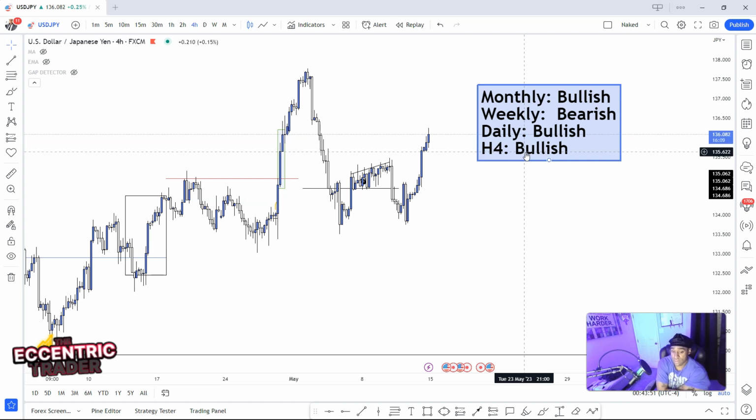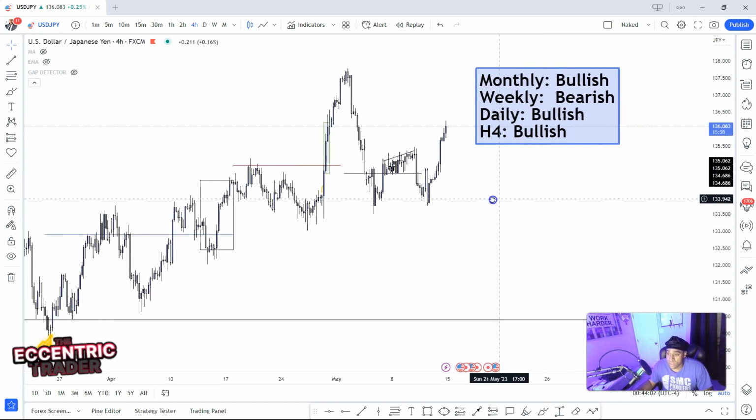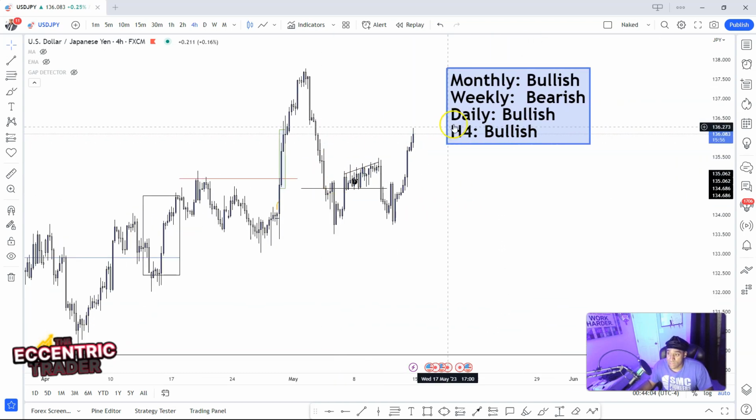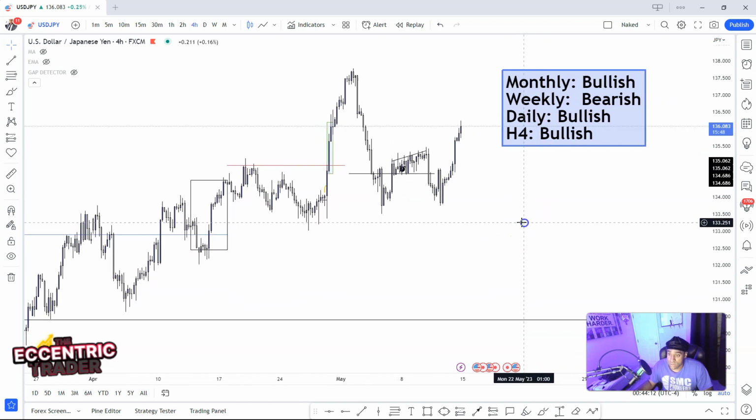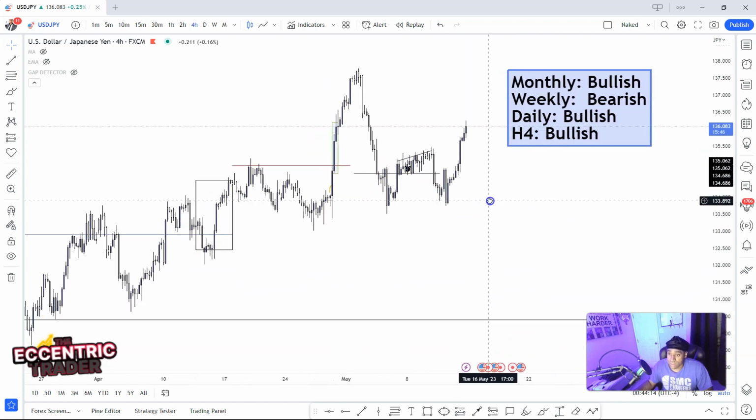They move very similar. I wouldn't use the correlation as a confluence, but I think awareness of it is very important. But as you can see, H4 is making higher highs and higher lows, just like the daily. It's just a lot more candlesticks.